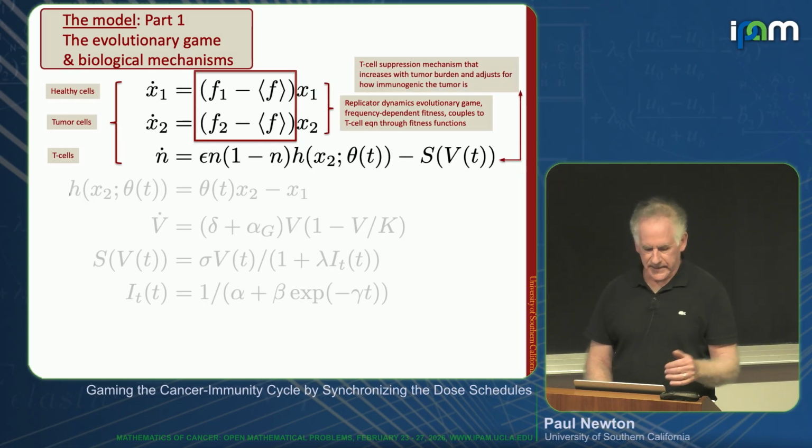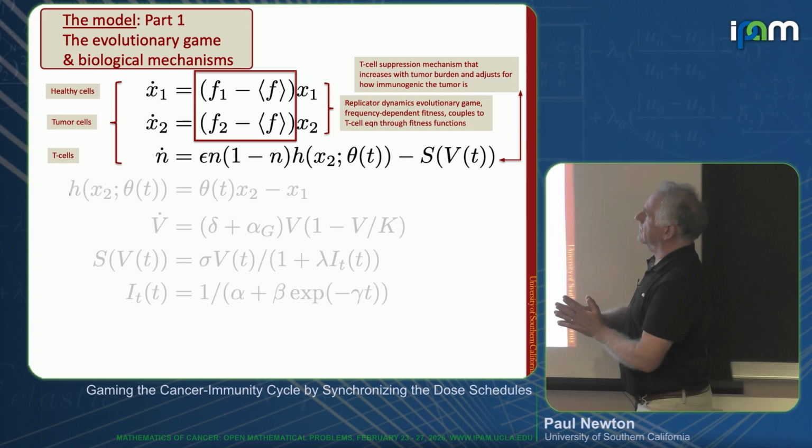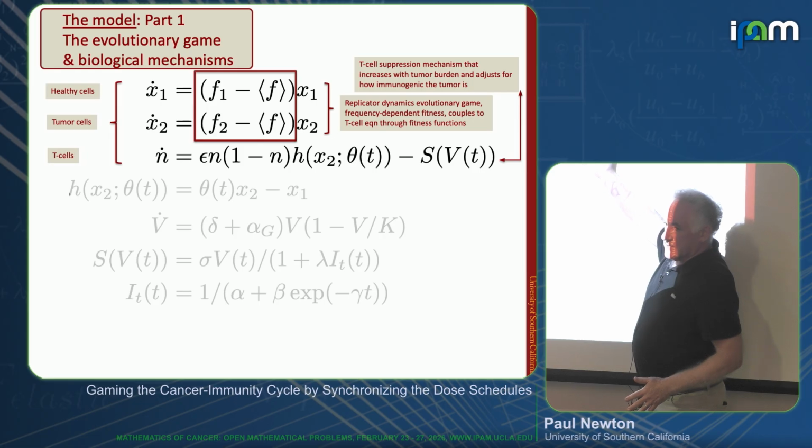There's the T cell population, which is the N equation, and the guts of it is a logistic kind of nonlinearity, but the key is that there's a term here, which is an activation or an inhibition term. It could be positive or negative.